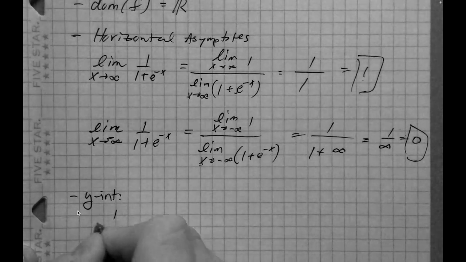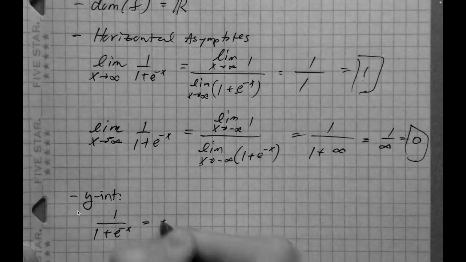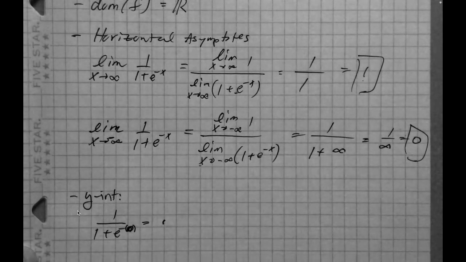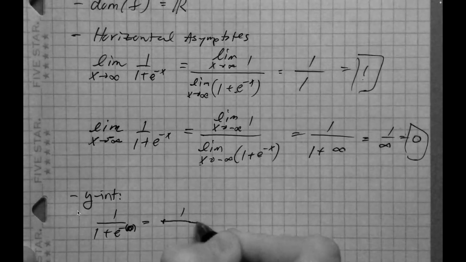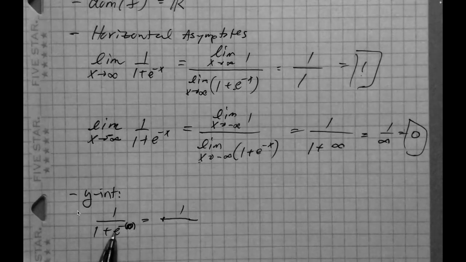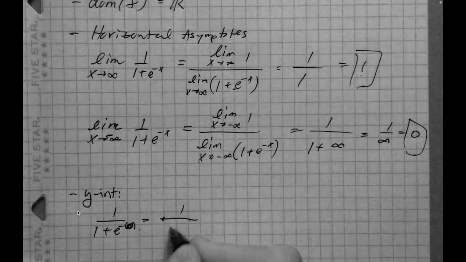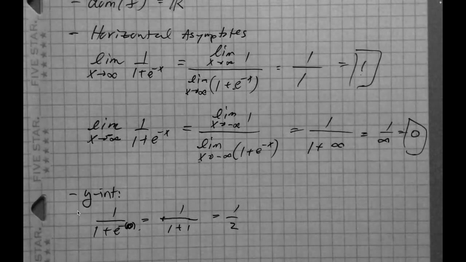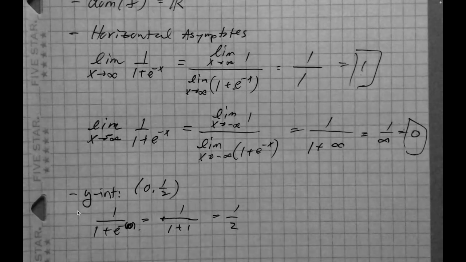We plug in 0 this time, right? So that's going to be equal to 1 over 1 plus, now what's e to the 0 power? That's just 1, right? So 1 plus 1, so 1/2. Okay, so the y-intercept is at (0, 1/2).